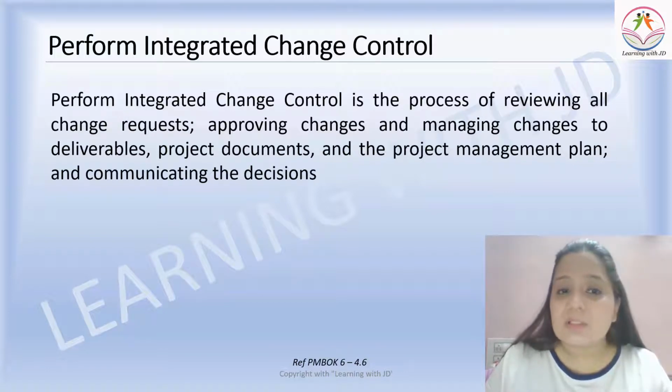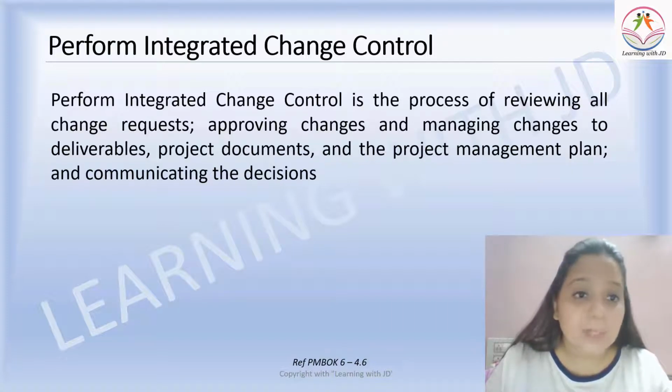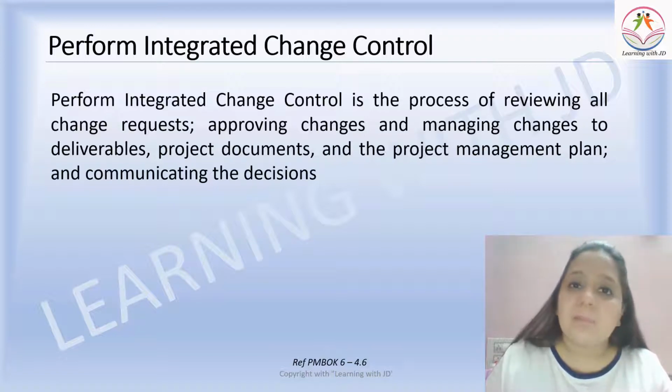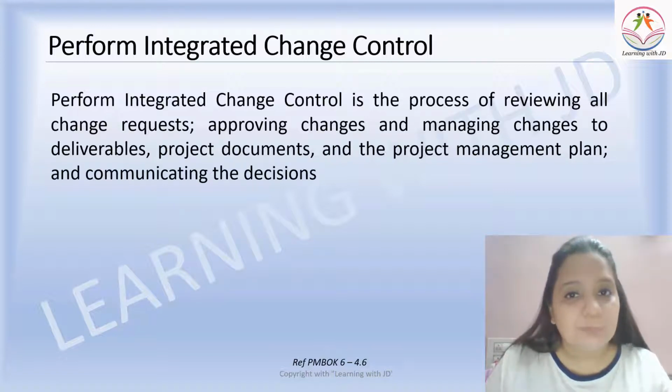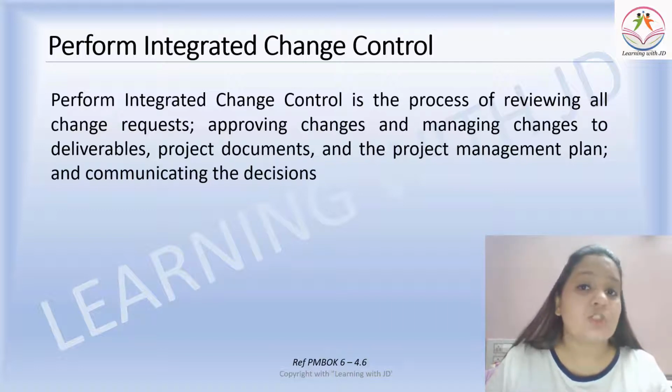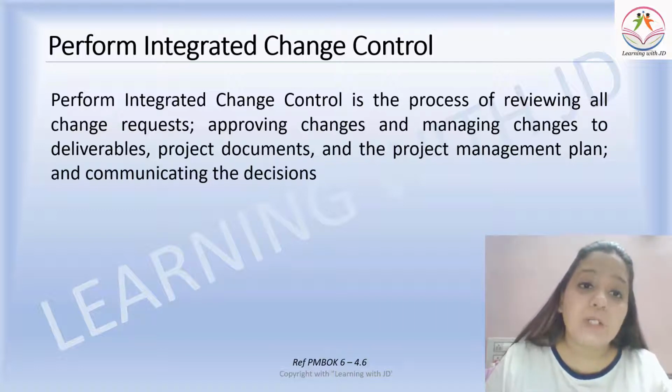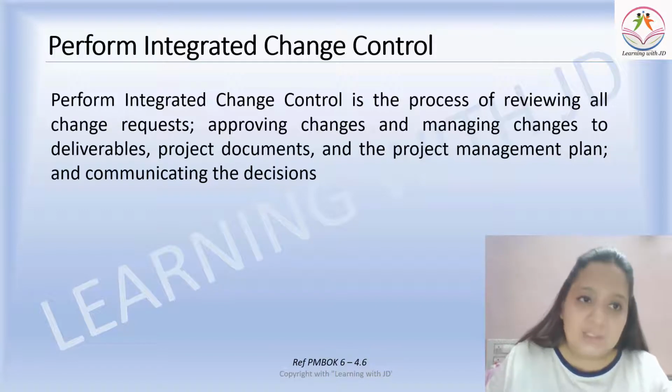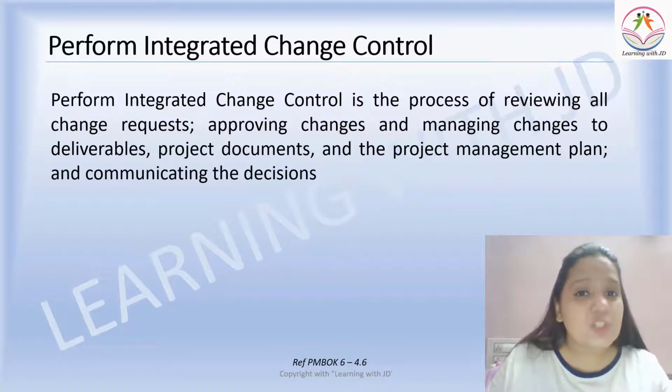If a change request is not approved, it will be declined. No impact will happen on the project management plan or any of the project documents. But if the change is approved, it will be updated accordingly, and that change has to be a part of your deliverables now. That is the role of perform integrated change control.